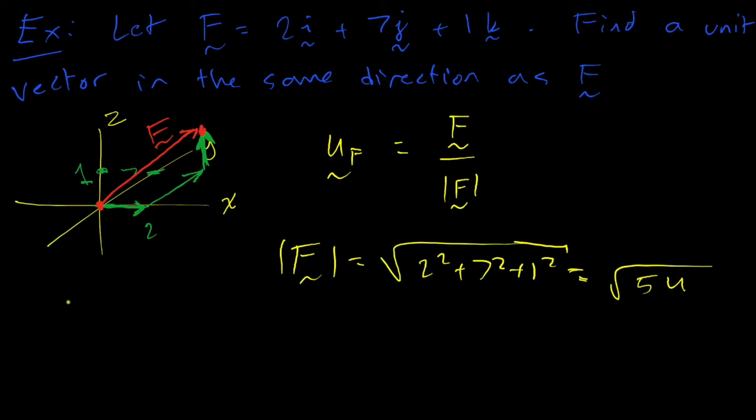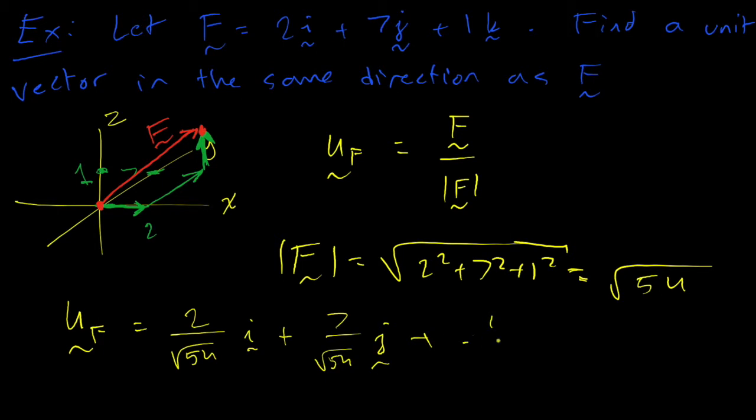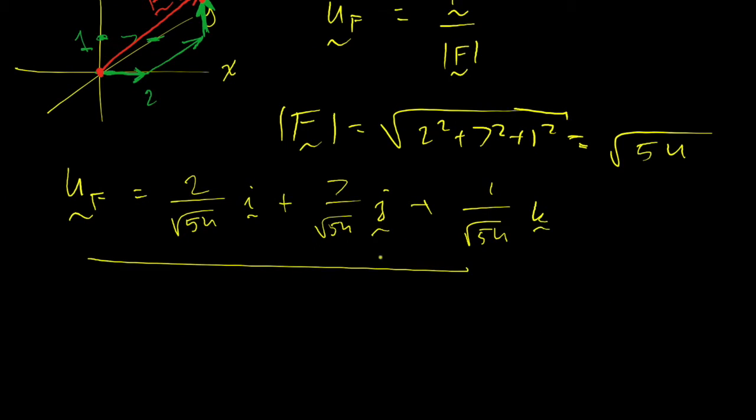So then let's calculate our unit vector: 2 over square root of 54 i plus 7 over square root of 54 j plus 1 over square root of 54 k. So this is our answer.